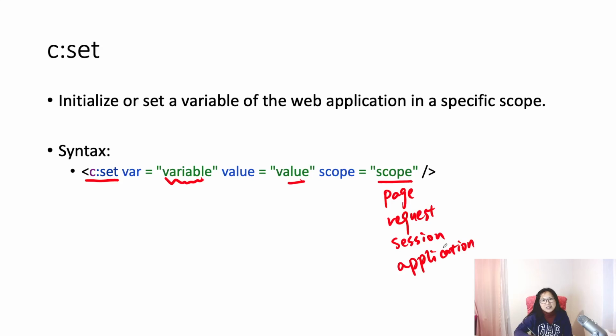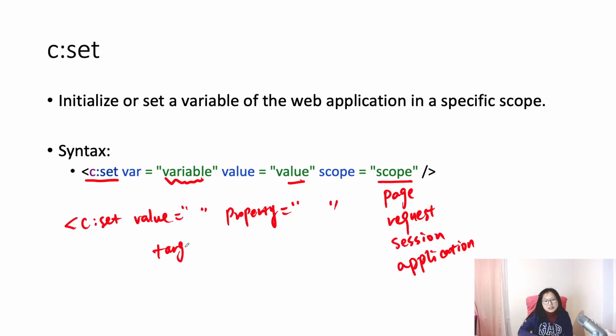There's another use of CSET, where you give a value, and you give a property equals a property name of your model, and you give a target.